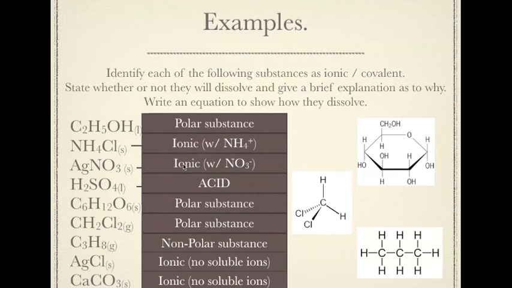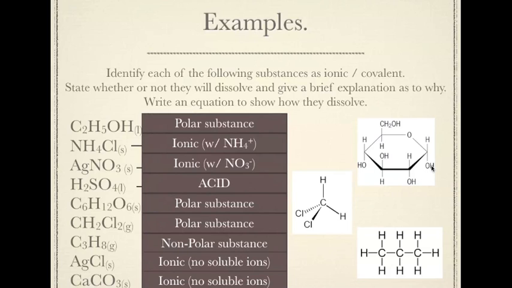The next one is an ionic compound as well. This will dissolve because it has the nitrate ion. This one here, sulfuric acid, H2SO4, will dissolve because it is an acid. It is a polar substance that will ionize. With glucose, you've got lots of OHs here. The OHs tend to say that it's going to be polar.